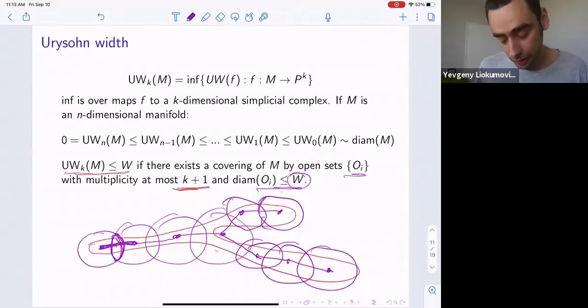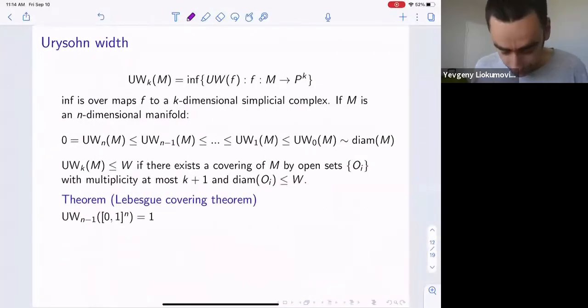You could say that my set is n-dimensional if I can cover it with tiny open sets with overlap at most n+1, but I cannot cover it with tiny open sets with overlap n.